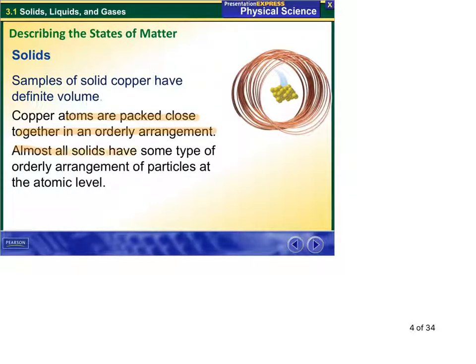Almost all solids have some type of orderly arrangement of particles at the atomic level. There are some that don't. We call these amorphous solids, and they're almost like a very, very thick liquid.